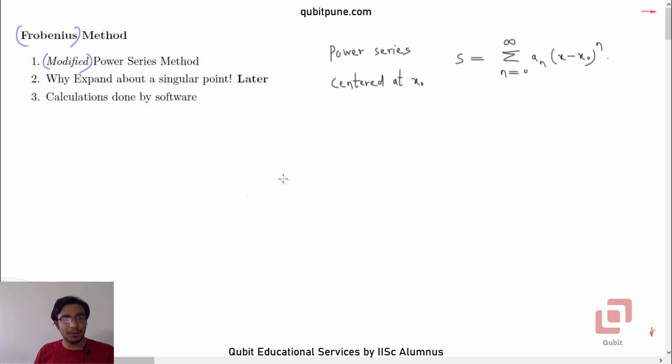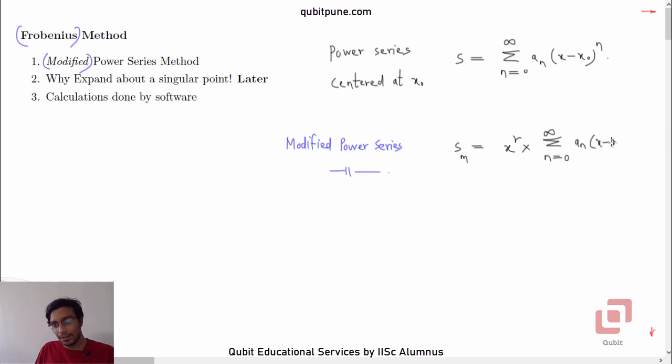Now if we modify the power series, then the modified power series centered at x0 is in the following form: x to the power r into summation as n goes from 0 to infinity of a_n (x minus x0) to the power n.